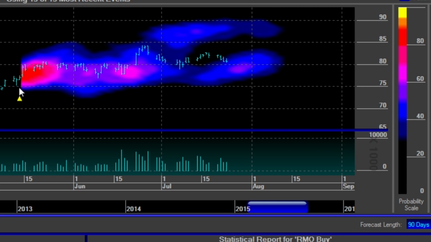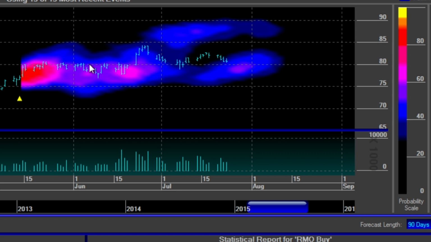We see that price tends to really move up in the short term and then stay relatively flat. You can see this by the probability channels, by looking over here at this color scale. The RMO tended to follow its high probability right up to the end here, where it had a slight breakout but then pulled right back into the probability areas.